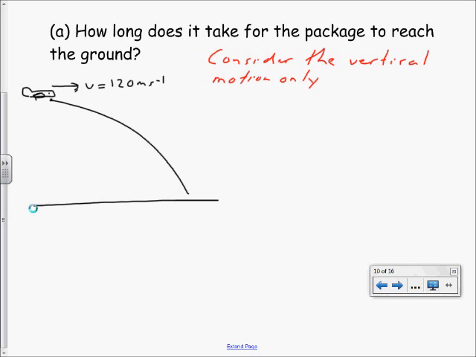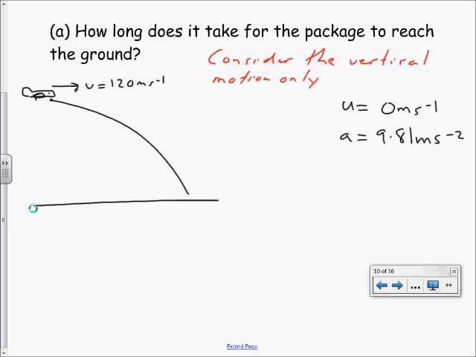So in terms of the vertical motion, what do we know? And this is the very, very common mistake. A lot of people will say U equals 120. It does not. In the vertical direction, U is 0 meters per second. Acceleration, 9.81 meters per second squared. Did we know anything else? I think we did.